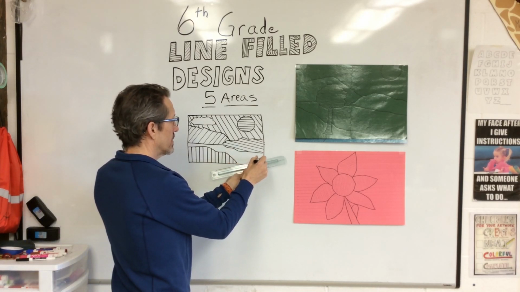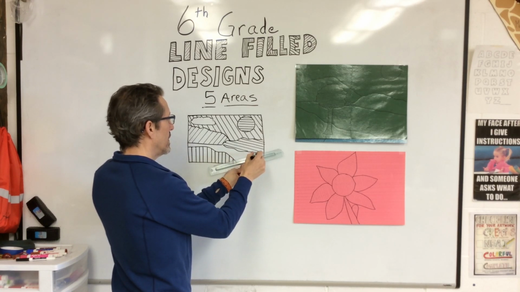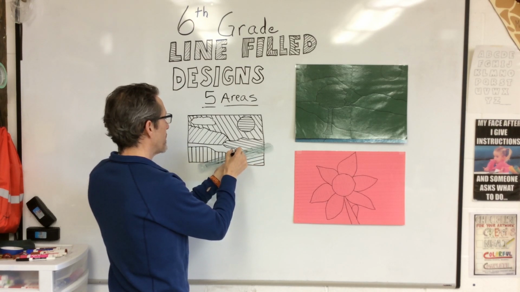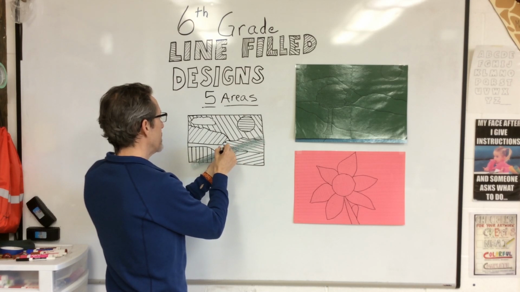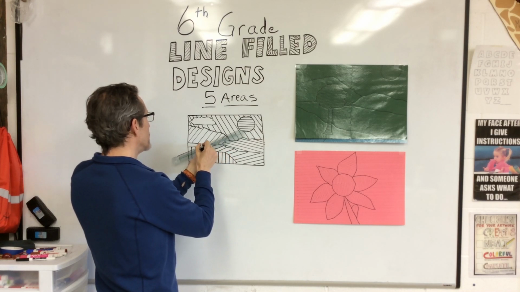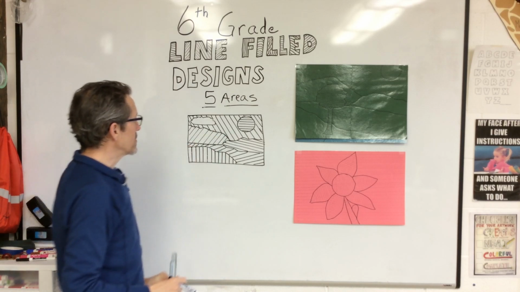It's not going really sideways, but it's not going at a 45. I want to make sure I keep my angle the same all the way throughout the whole thing, taking time to make sure that my lines are straight.